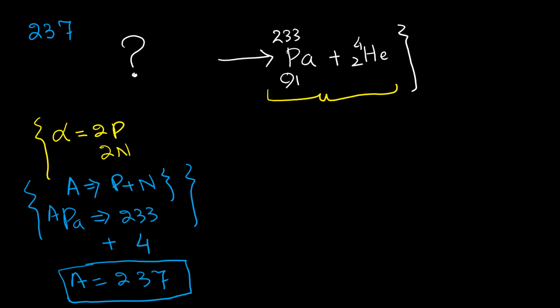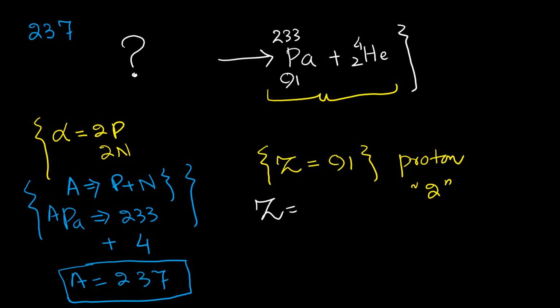Now, as you know, the atomic number Z of protactinium is 91. Protactinium is along with the alpha particle, and the atomic number tells us the number of protons. The alpha particle has two protons, so the parent atom will have two more protons.